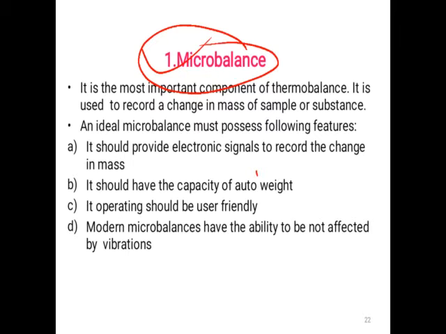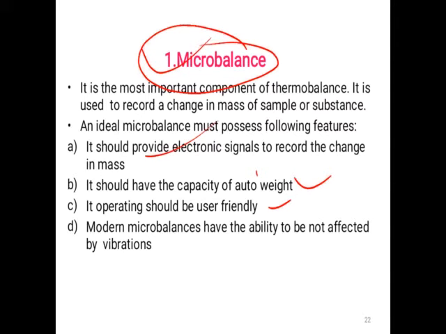Then what are the ideal properties of the microbalance? It should provide an electronic signal to record the changes in mass. Second, it should have the capacity to tare the weight, meaning that without keeping a sample in the weighing machine, with the help of a sensor, it should take the weight of the sample.